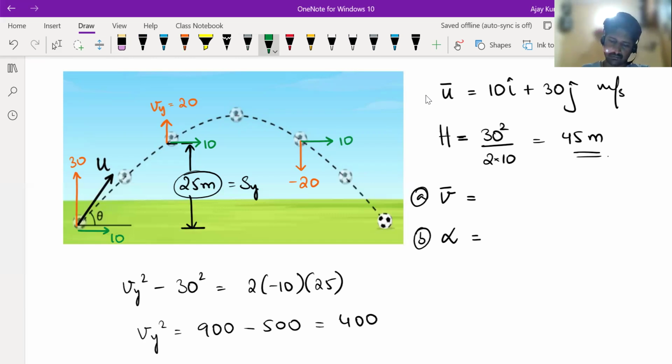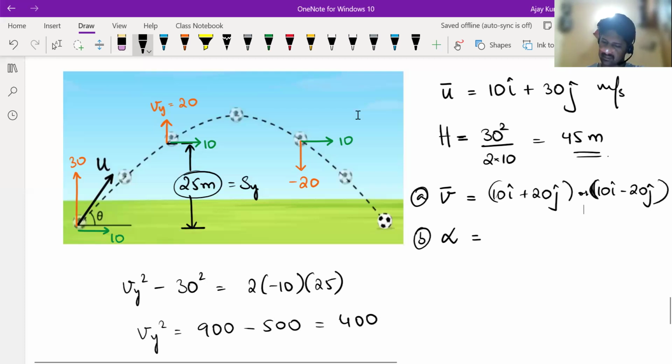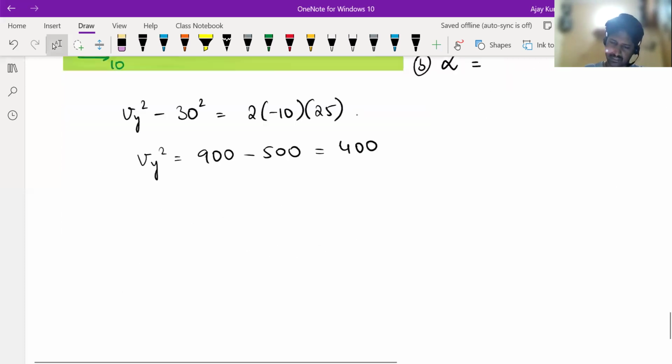That's all. So if you want the velocity as a whole, it will be 10 i cap plus 20 j cap, or 10 i cap minus 20 j cap. Any one of these. One is for ascent, the other is for descent. And then the angle it makes with the x-axis, alpha, just use the components.